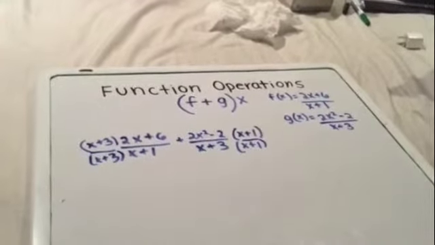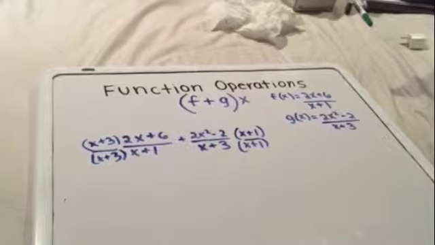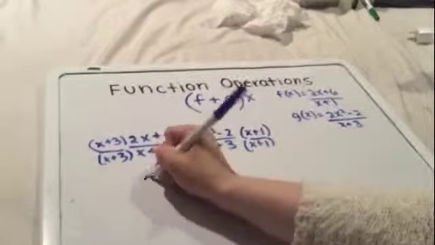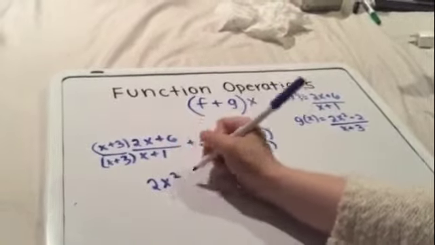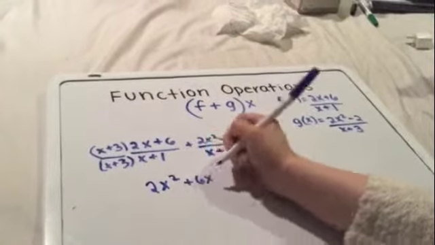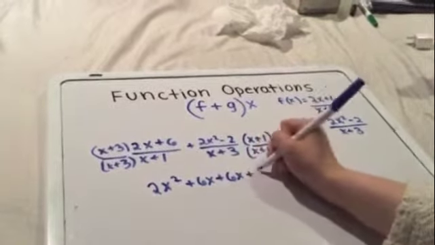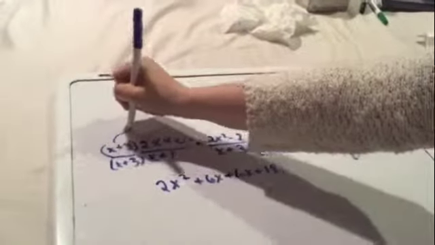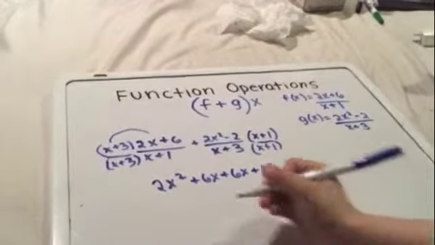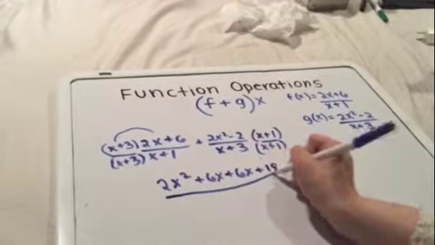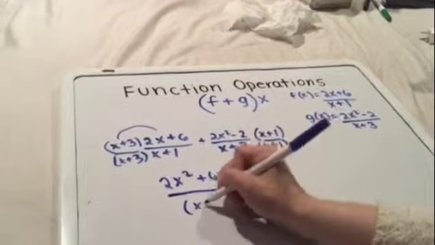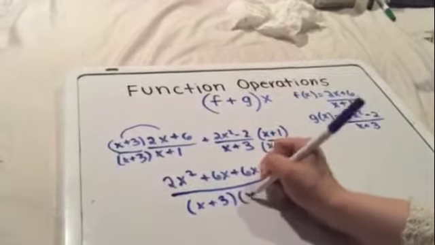This way, what we're going to do now is we're going to multiply through. So we're going to get 2x squared plus 6x plus 6x plus 18 once we FOIL this. When we FOIL the bottom, we're going to keep the denominators the same. So we're going to keep the x plus 3 and the x plus 1 in parentheses.